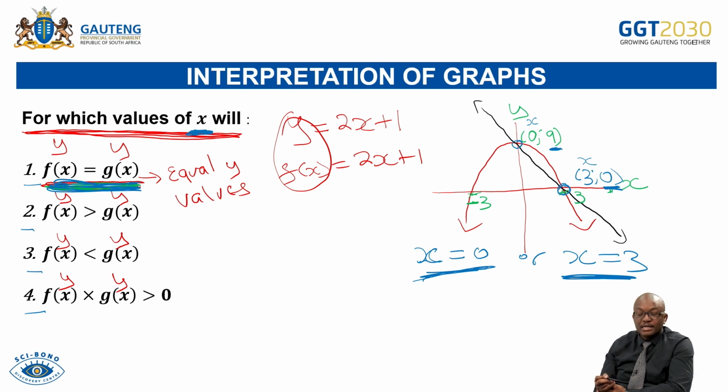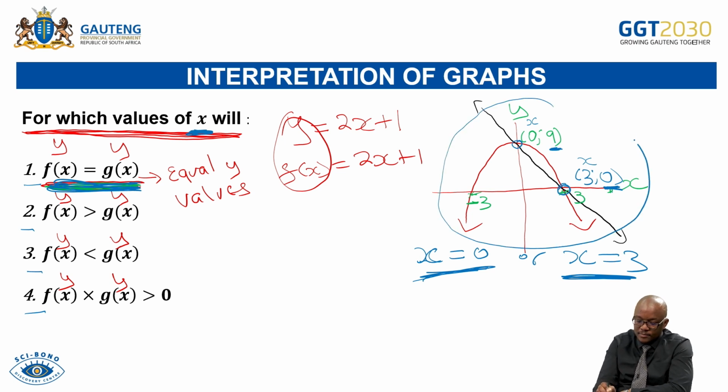And this, we call it interpretation of functions. They carry 2 marks, sometimes 3, sometimes 4, but learners need to understand how to interpret or how to read the graphs. Correct.